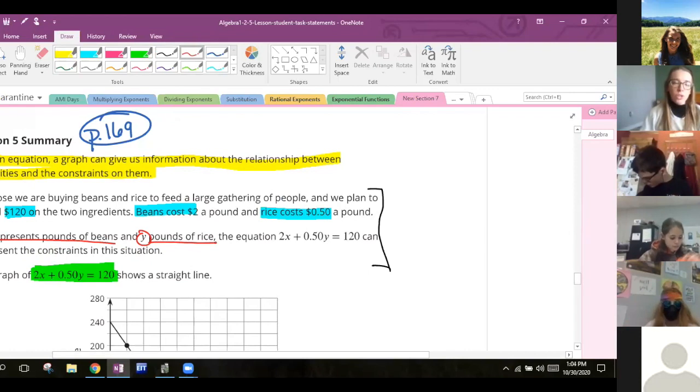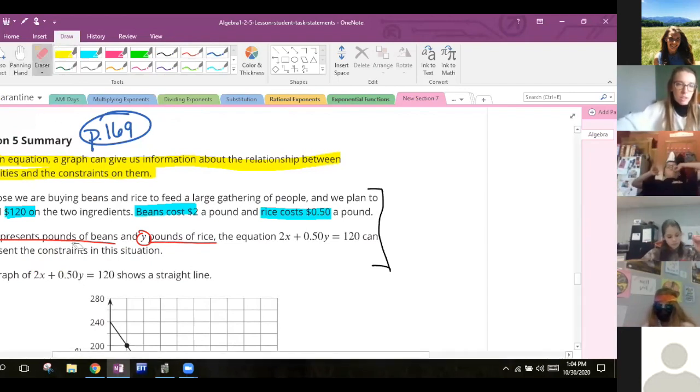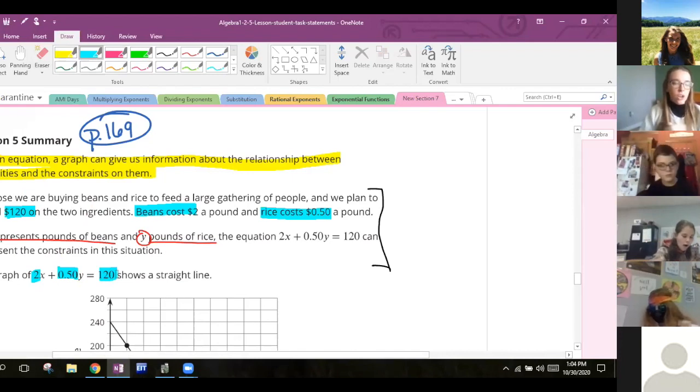So what I want you to notice though, before we get into what we just talked about in this lesson, just to bring it back to writing those equations: if you're looking at this equation that they gave us, the dollar amounts, the $2, the 50 cents, and the 120, those values are not going to change.